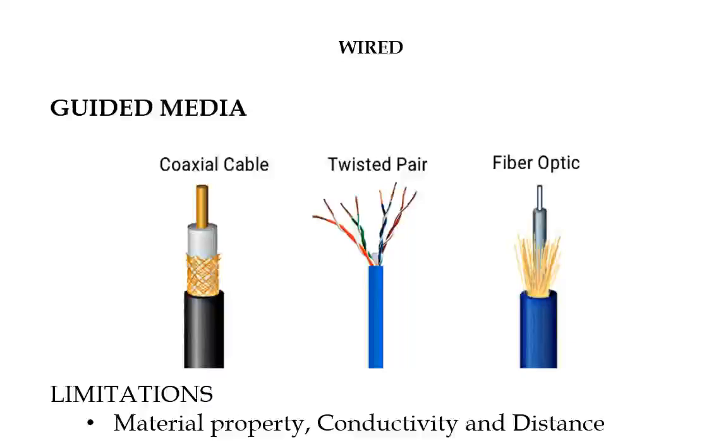Normally coaxial cable and twisted pair cable support 100 to 200 meters, whereas fiber optic supports more than a kilometer. That is why we use optical fiber for long distance. For shorter distances we use twisted pair and coaxial cable. Twisted pair cable is normally used in our laboratory and small networks.